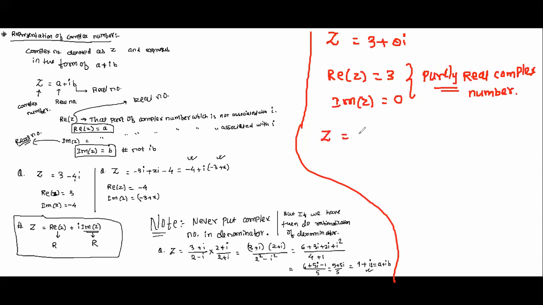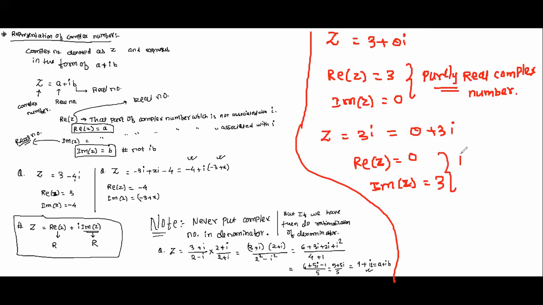Now suppose you have z equal to just 3i, and if I have to write the real part of z and imaginary part of z, what will I write? Can we write this is basically 0 plus 3i? It means real part is 0 and imaginary part is 3.